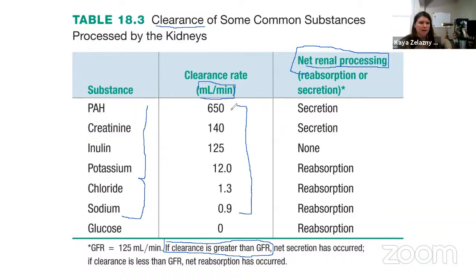Right, like if we have more in the urine than we were moving into the nephron originally, that means we had to secrete it into that filtrate. If we have less than we moved in, then net reabsorption is happening, because it means we're not ending up with all of it in our urine. So that's why we have some things that are secreted, some things that are reabsorbed.